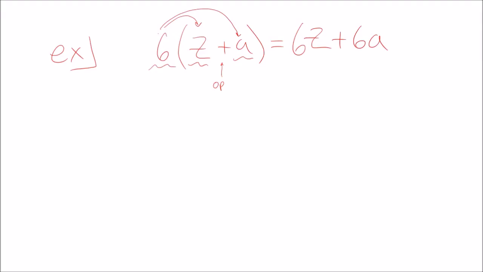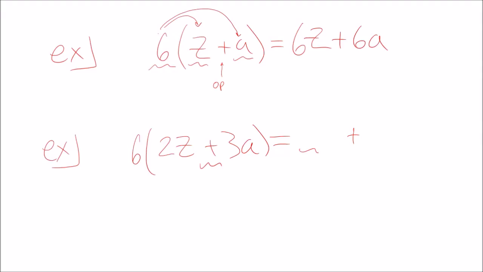Now, these can get a little more complicated when you have something like 6 times 2z plus 3a. Now we still need to keep our operation, but we need these two terms. Now we still need to apply the 6 to both variables, but these are no longer just variables, they're expressions.